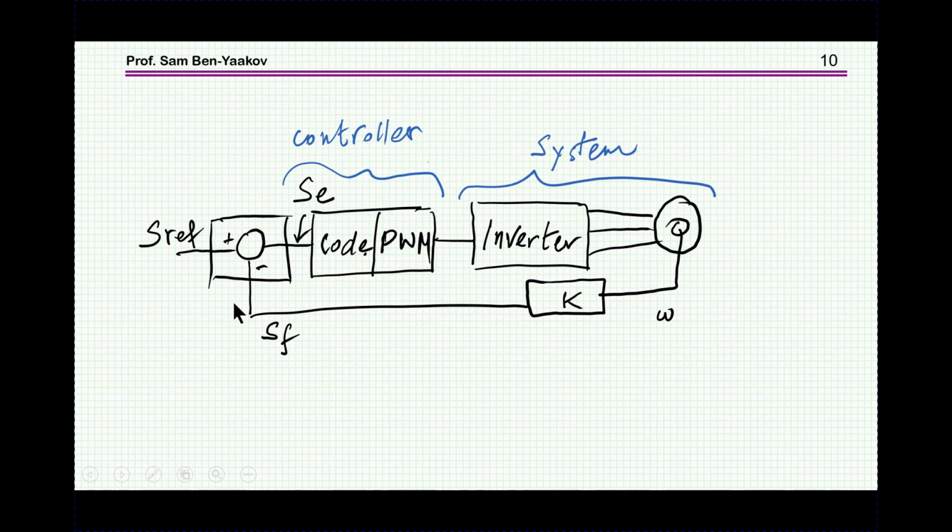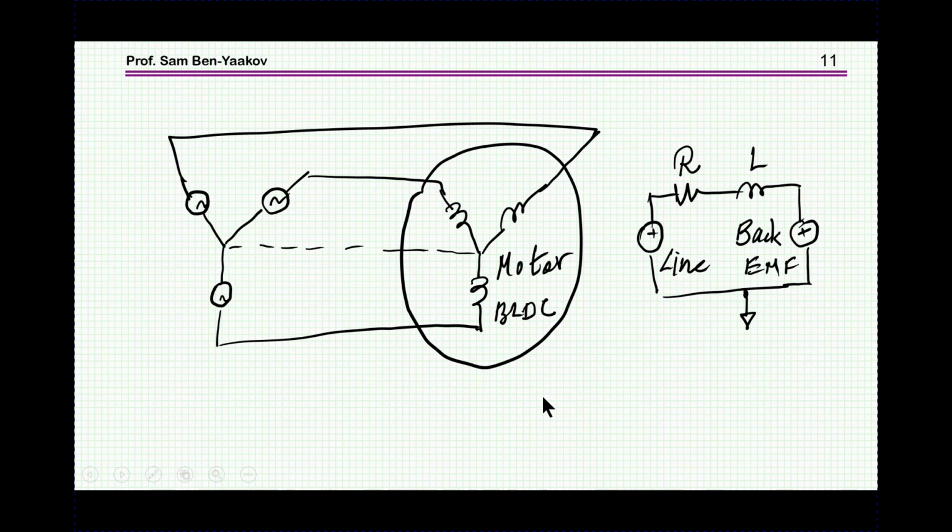So let's now have a look a little bit inside what we get here in the system itself. What are the blocks here? This is of course very simplified here. So let's start with the motor itself. The motor, here I'm showing a brushless DC motor in a star connection.